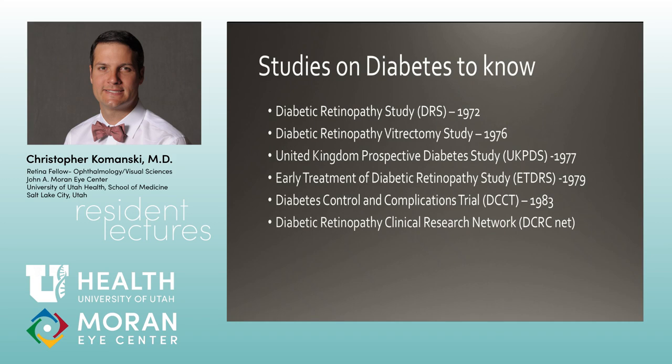So we'll go through the studies to know the big works. There's one that's not on here I always like to share when I talk about diabetic retinopathy, because it was from the early 50s, before we had any treatment or laser for PDR.